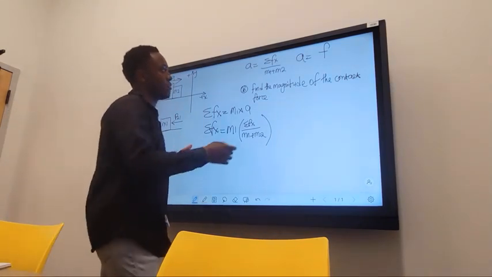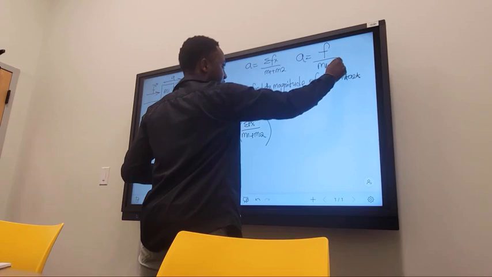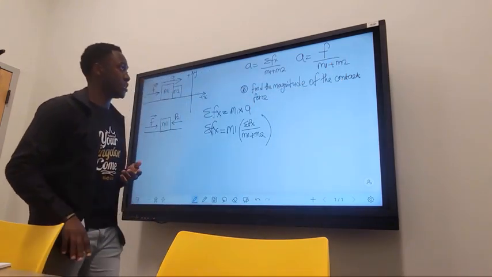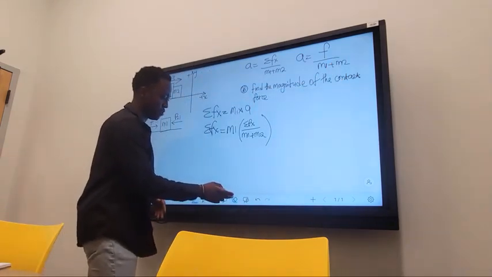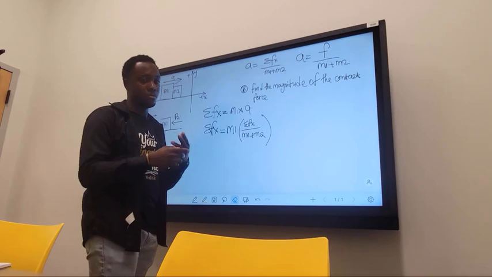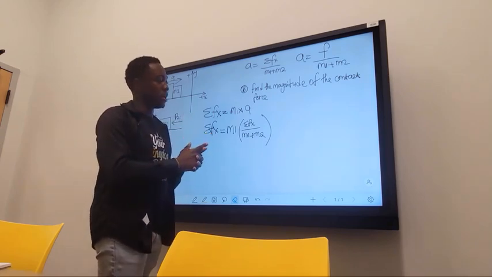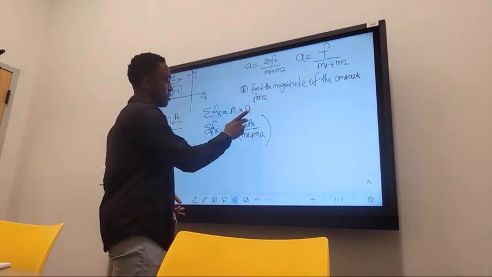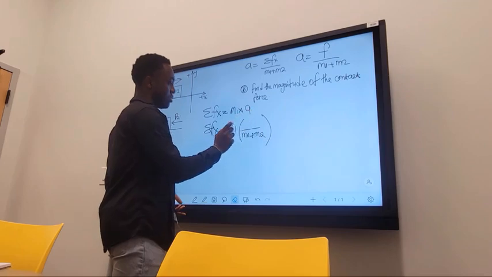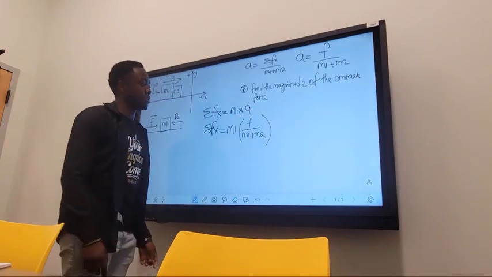You can just say F over M1 plus M2 for easy calculation, right? That's what I'm going to do right here. Of course, the summation of all forces in X is also okay, but I'm only simplifying it because we have only one force happening in X at this particular point. So this is going to be force over M1 plus M2.